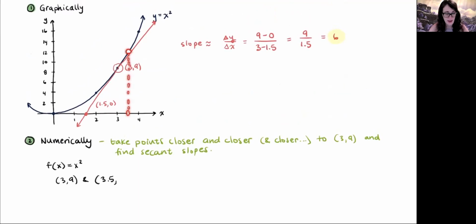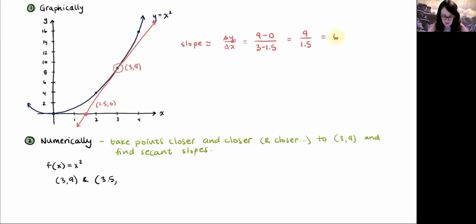We're going to find the slope of the secant line between these 2 points, using the notion of slope that we're used to. I'm not going to draw it here because it'll get really cluttered.